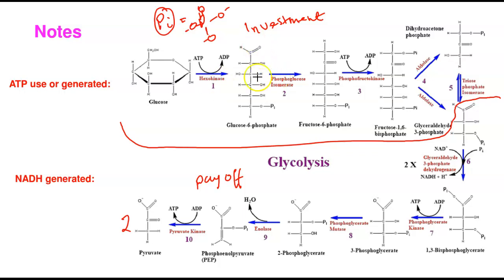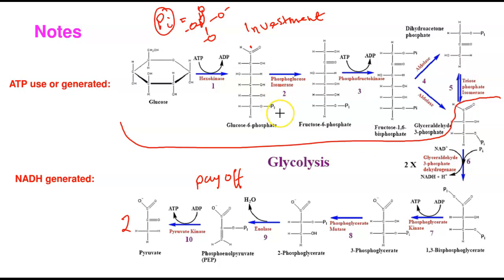In reaction 2, now look at it. This is glucose. Remember, if you want to count the number of carbons, you usually start counting from the most oxidized one. So this is 1 down to 6. Carbon 1, carbon 2, carbon 3, carbon 4, carbon 5, carbon 6. This is glucose 6-phosphate. Glucose 6-phosphate undergoes isomerization. An isomerase enzyme called phosphoglucoisomerase now does what?